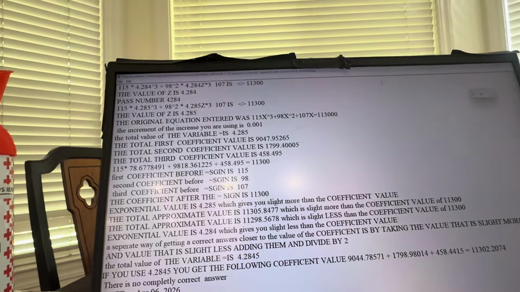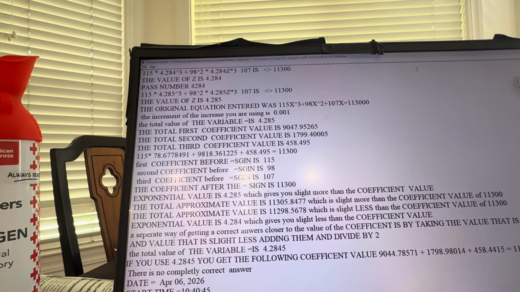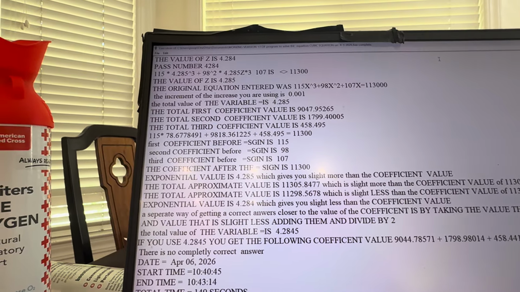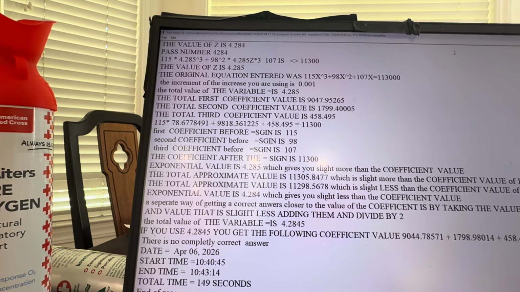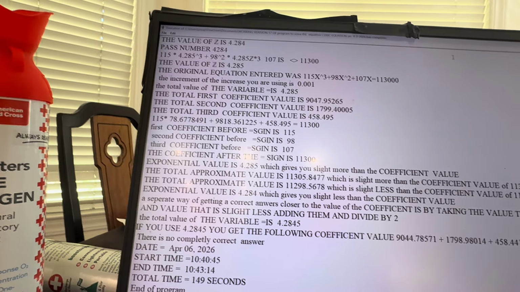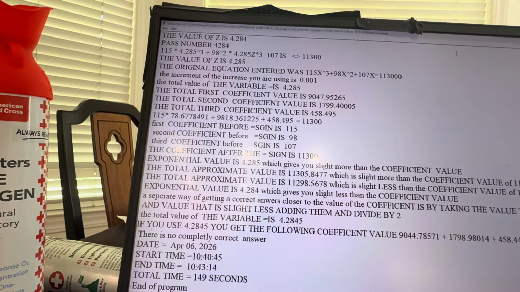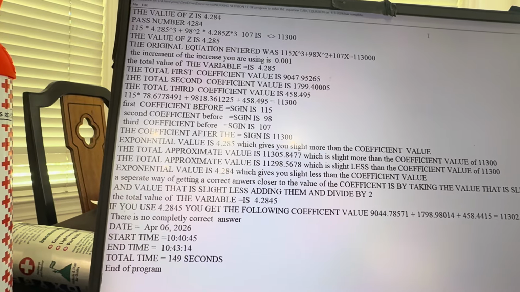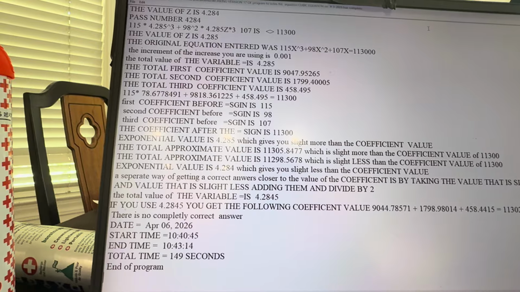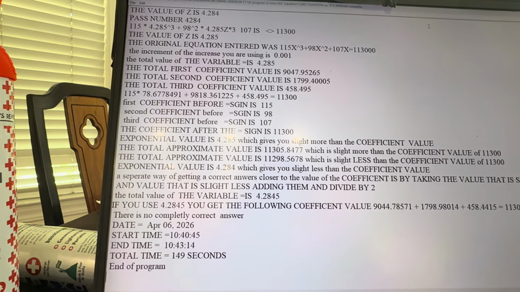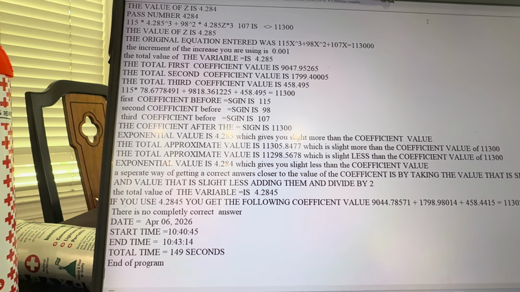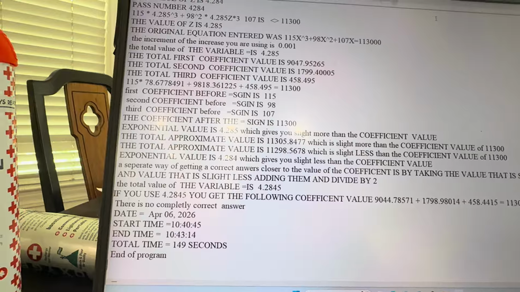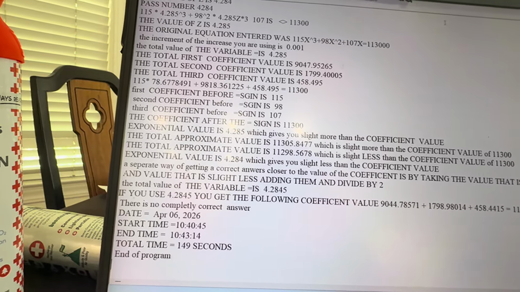Okay, so the total time was 449 seconds. 4.285 gives you slightly more, 11,305.8477.